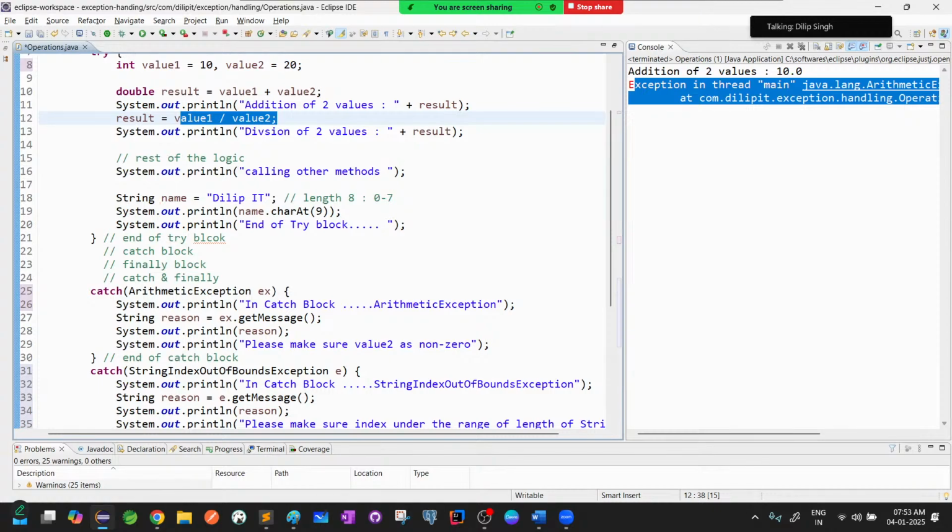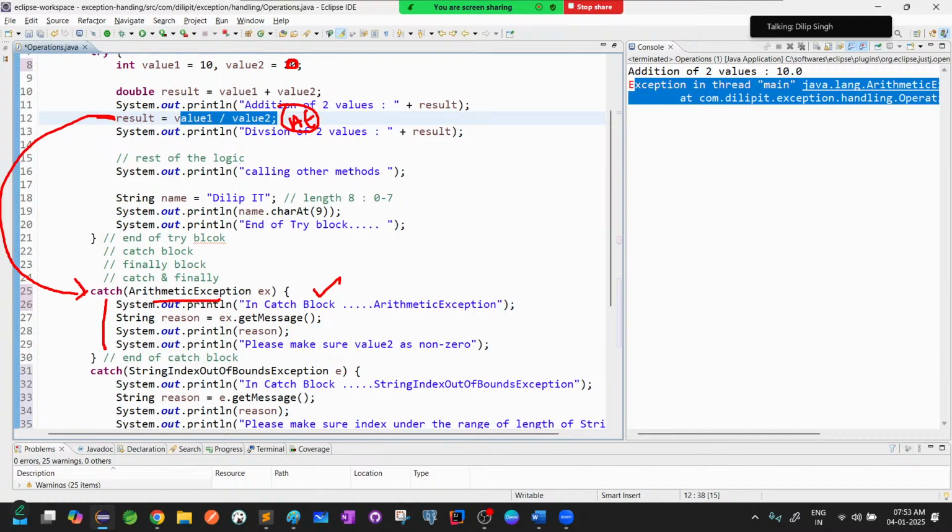So this catch block will be found because you got an arithmetic exception because of the zero value. If you gave zero here, this entire catch block will be executed. This other catch block will not be executed. Even though you have multiple catch blocks, at a time only one catch block will be executed. Because why?